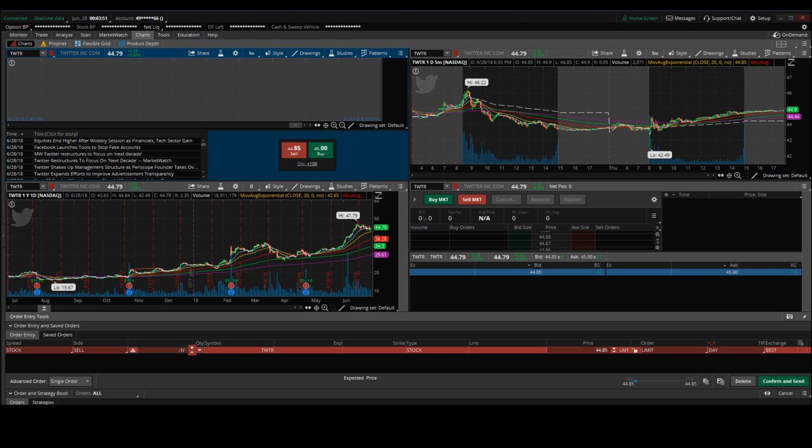So let's go back and we'll change this, because we only have 100 shares. So that's all we want to sell. So I have 100 shares in there to sell. I'll come over here and again on the limit order, if I keep this unlocked, this price will fluctuate to whatever the market is offering me at that moment for the sell price.